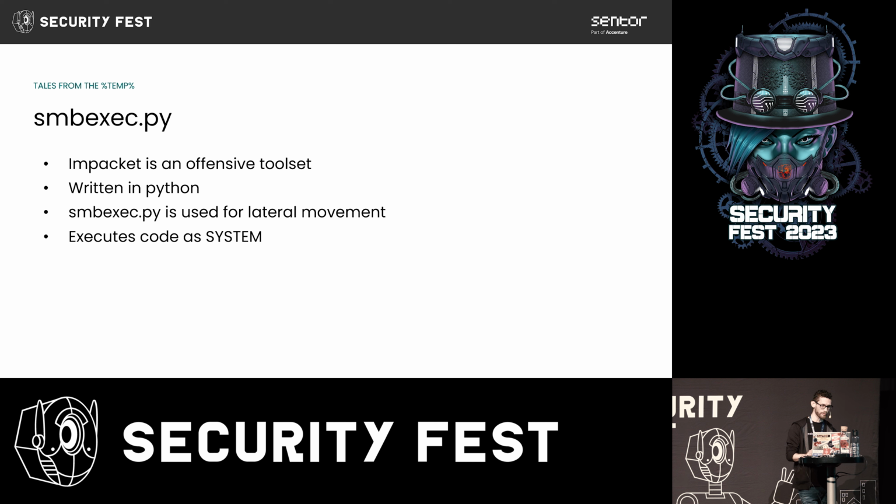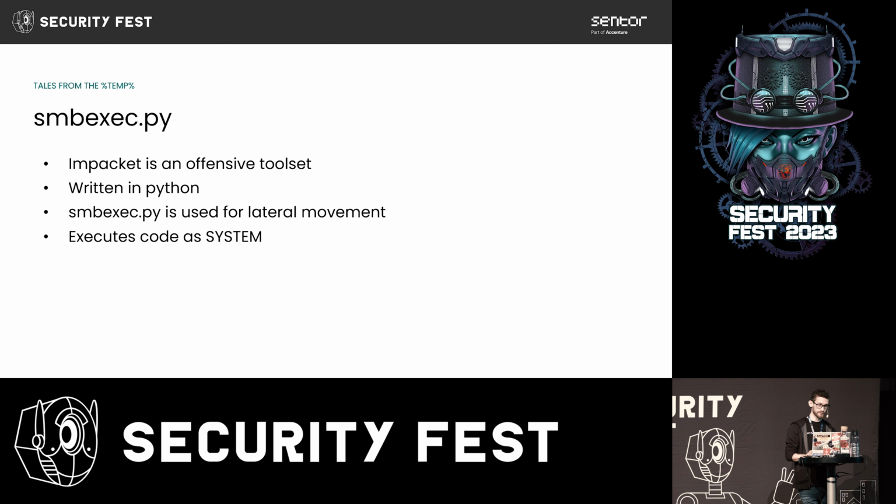If you don't know Impacket, it's an offensive tool set written in Python that implements a number of Windows protocols from scratch. It's kind of impressive if you look back, because at the time the project started, I don't think there were any third-party implementations of some of the RPC stuff that they implemented.